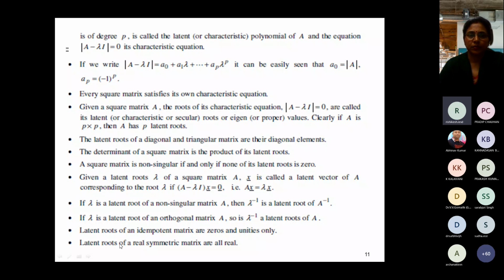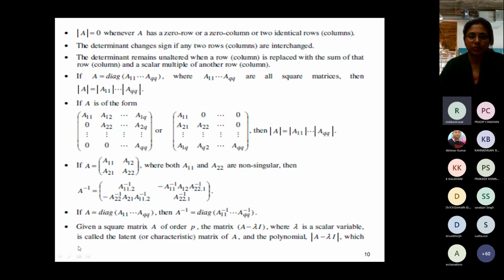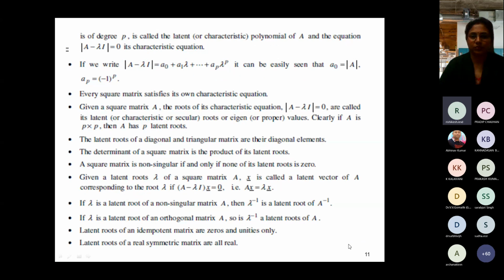Suppose given a matrix A of order p, the matrix A minus lambda I, where lambda is a scalar variable, is called the latent or characteristic matrix of A, and the polynomial determinant of A minus lambda I, which is of degree p, is called the latent or characteristic polynomial of A, and the equation determinant of A minus lambda I equal to 0 is called the characteristic equation.